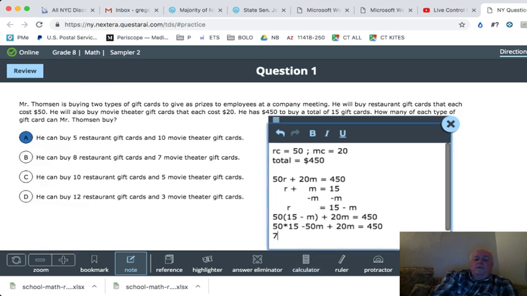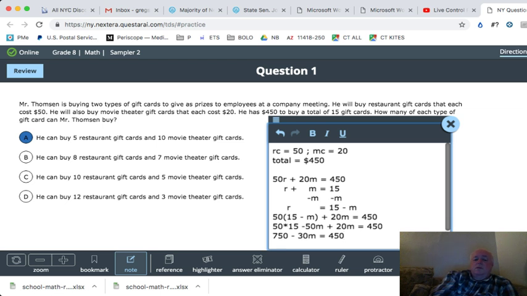So now we have 750, because we have minus 50M and plus 20M, we have minus 30M. 750 minus 30M equals 450.